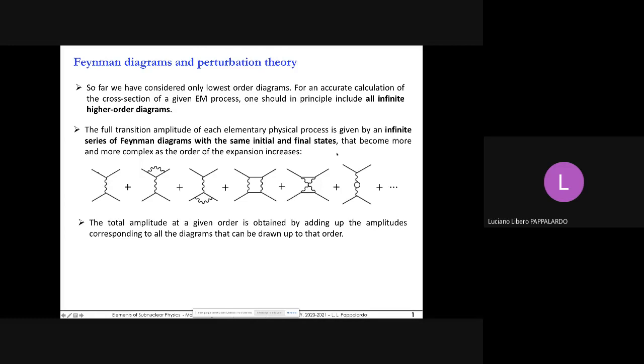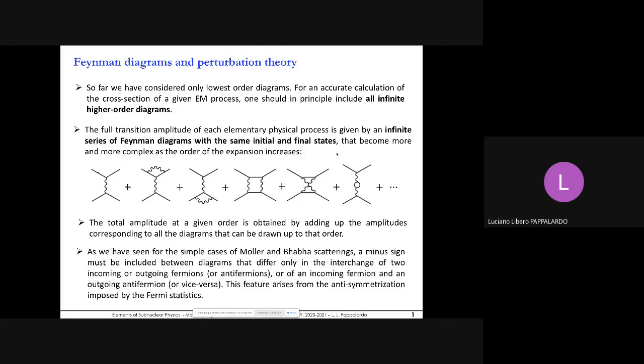So the total amplitude at a given order is obtained by adding up the amplitudes corresponding to all the diagrams that can be drawn up to that order. Okay, and the complexity, of course, increases as soon as you go to higher orders. Now, as we have seen, for the simple case of Møller and Bhabha scattering, a minus sign must also be included between diagrams that differ only by the interchange of two incoming or outgoing fermions or antifermions, and this is essentially a consequence of the antisymmetrization imposed by the Fermi statistics.